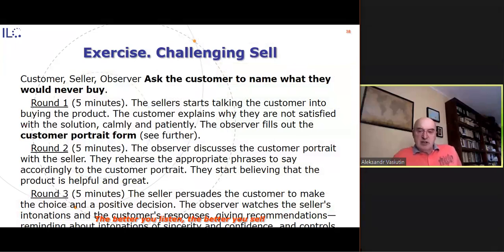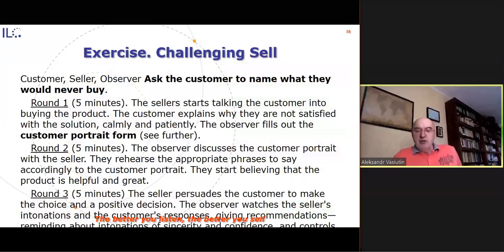I would recommend the challenging sales. This is the final exercise. There are teams of 3 people: the customer, salesperson, and an observer.